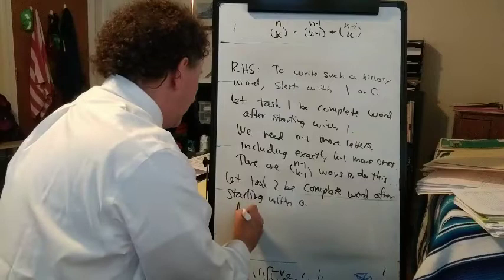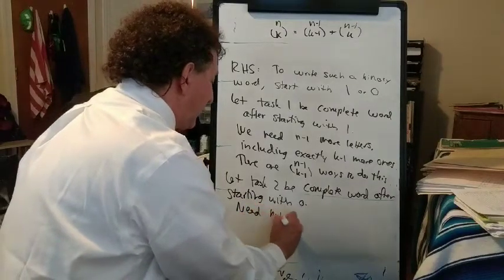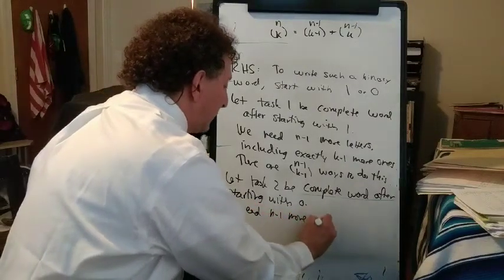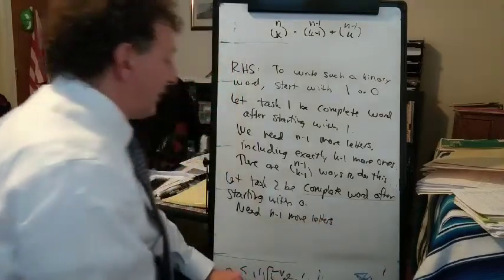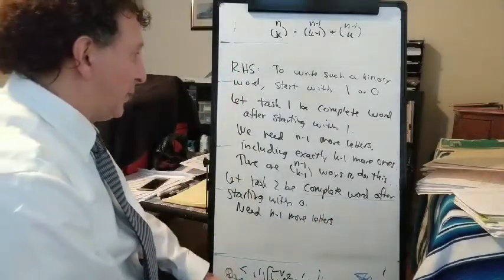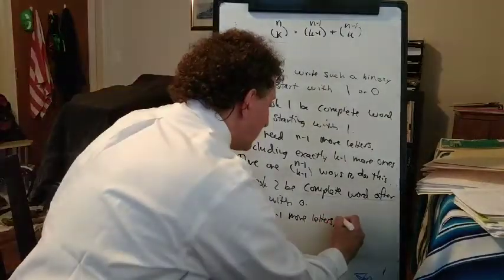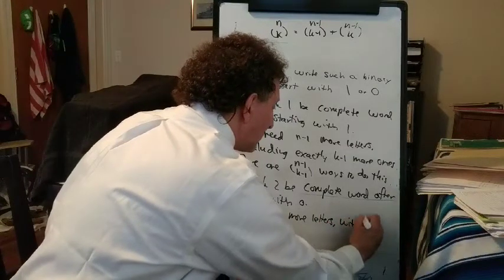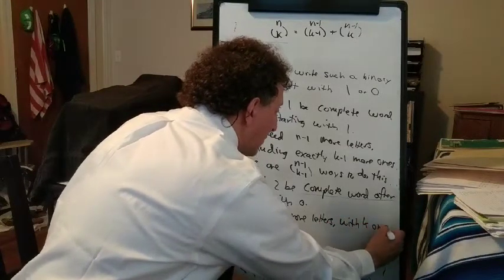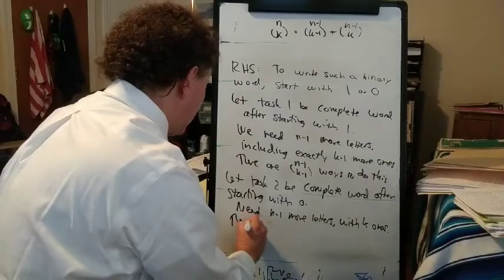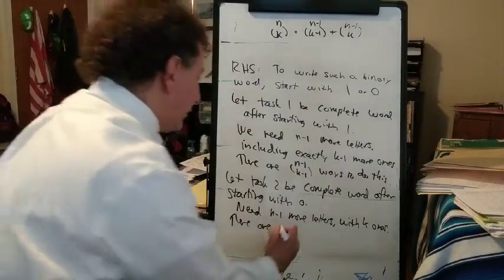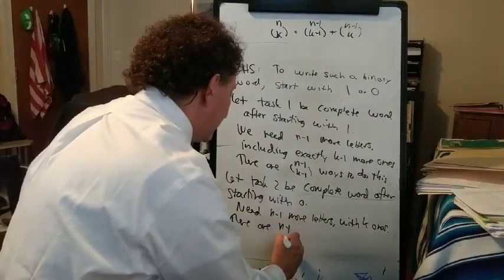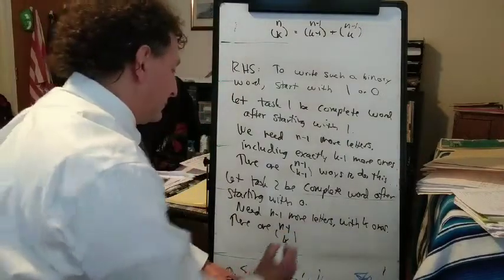So we need n minus 1 more letters. And we haven't put any ones down yet, so we need k ones. Now there's n minus 1 choose k ways to do that.